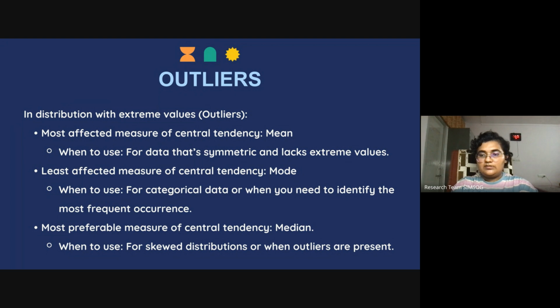Okay, I see Dr. Deepika has answered 3. So 22 by 7. Okay, 3.14.